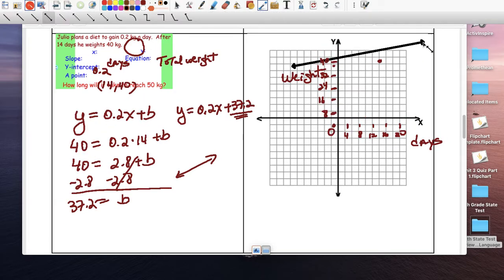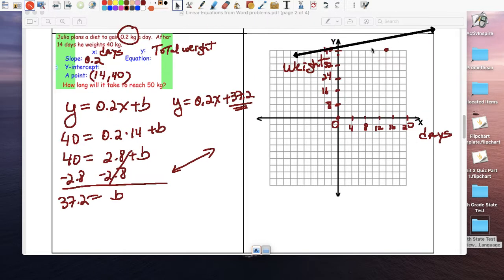Let's see if I can create a line. So I'm going to adjust that line. Okay, there's my line. Make that line a little better. Like I said, we only need 2 points. Let me make those 2 points a little bit more visible. On day 14, we know that he was at 40 kilos, and at day 0, he started at 37.2, which is about there.